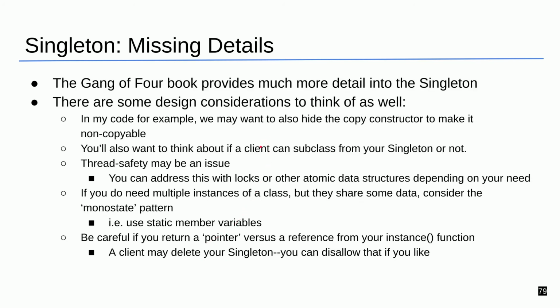Okay, some of the missing details, and you can read the Gang of 4 book for this, but we have to again think about what our clients might do with our implementation, meaning we might also want to hide the copy constructor to make it non-copyable.